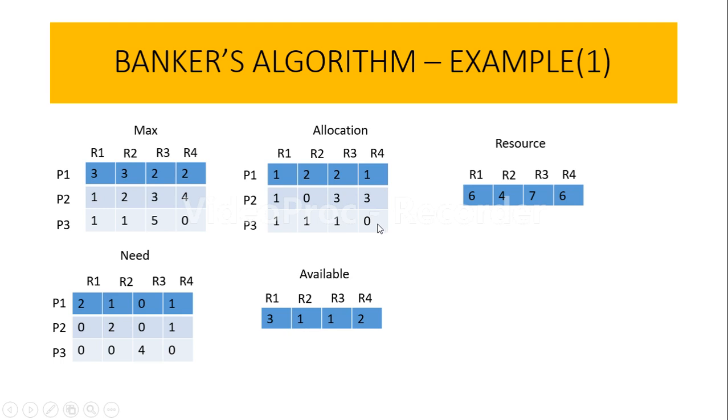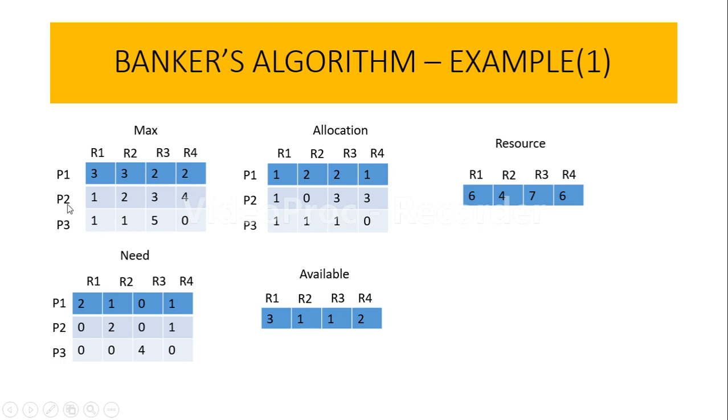Okay. So after allocation, let us see what is the maximum capacity of using these resources for each process. P1 can use only 3 instances of R1, 3 instances of R2, 2 instances of R3 and 2 instances of R4.